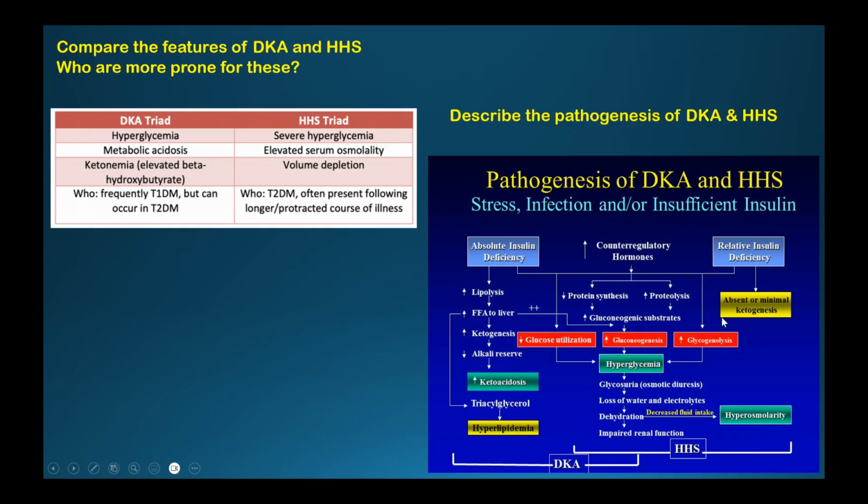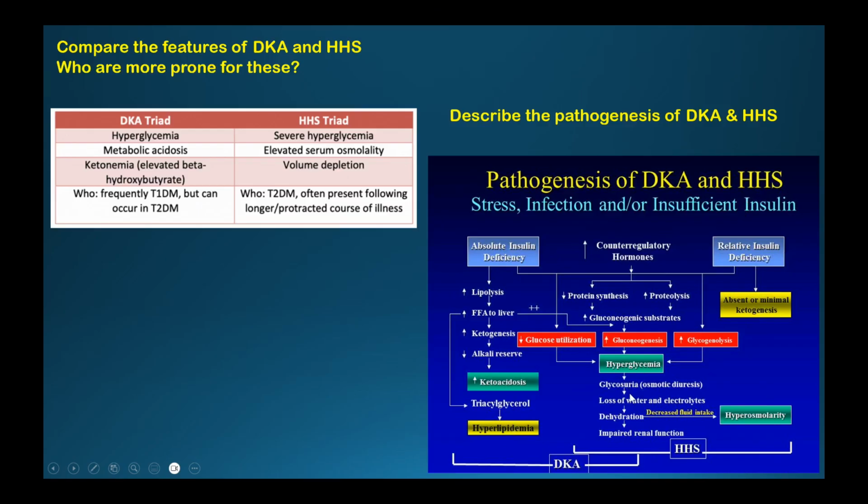When there is a relative insulin deficiency, there is absent or minimal ketogenesis, and that is how HSS happens.